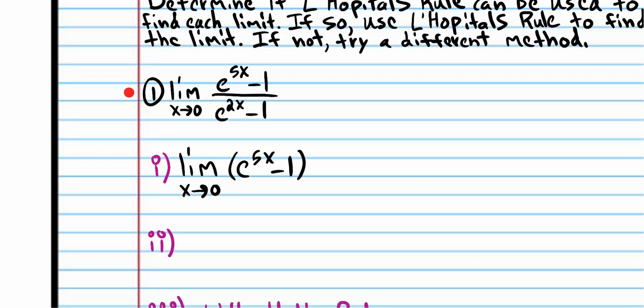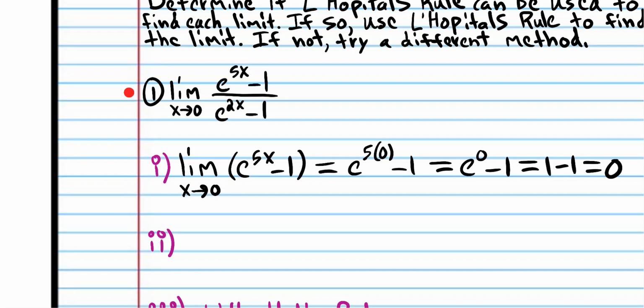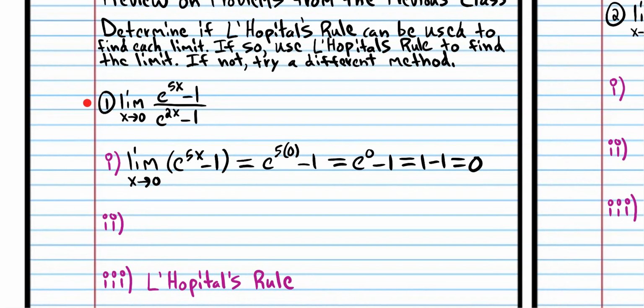So we're going to find the limit of the numerator. So we get e to the 0 minus 1, which is 1 minus 1, which is 0. So the limit of the numerator as x approaches 0 is 0. So that checks out. And let's find the limit of the denominator as x approaches 0.